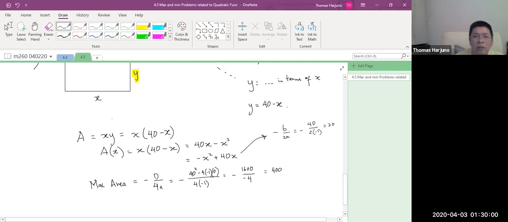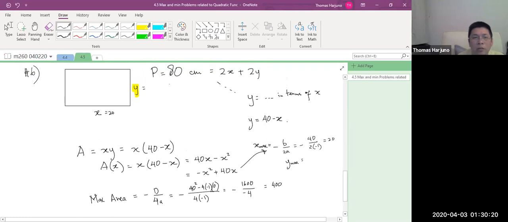But if x equals 20, what is the y? If this x equals 20, what will the y be? Another 20, right? Because the y is 40 minus x, remember?